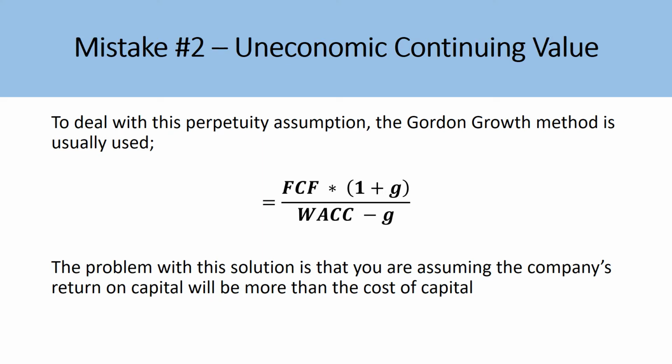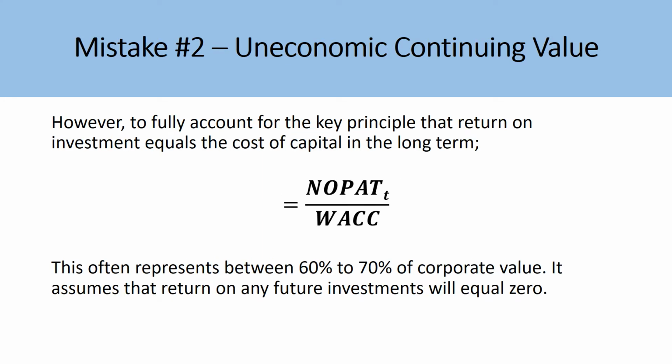So what we actually need to do is correct our formula. And so instead of using the Gordon growth method, to fully account for the key principle that return on investment equals the cost of capital in the long term, we can take the NOPAT, net operating profit after tax, of that final period and just divide it by the weighted average cost of capital. Now, this often represents 60 to 70% of corporate value.